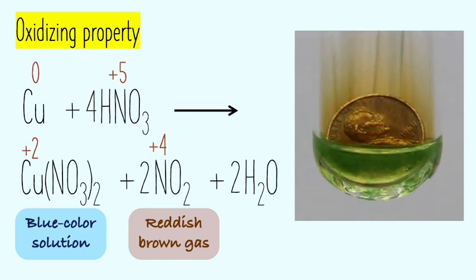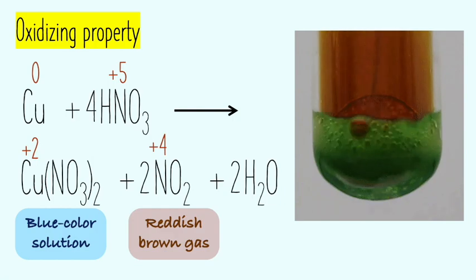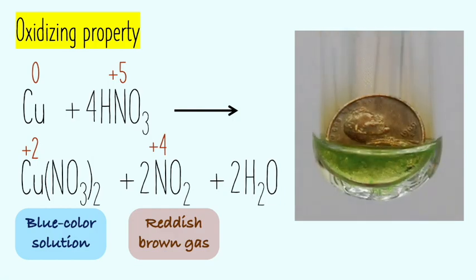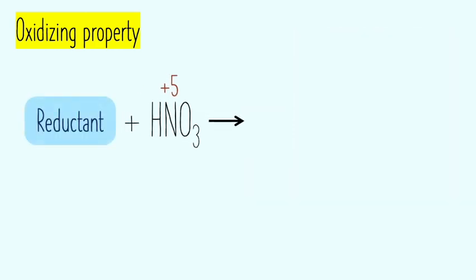In this reaction, copper is oxidized and nitric acid is reduced to nitrogen dioxide with the oxidation number of +4. As a general principle, when a reductant, which is at a low oxidation state, reacts with nitric acid, a variety of reduction products is obtained.